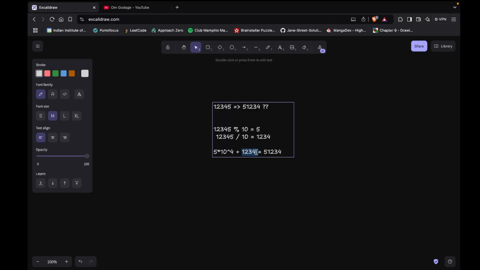So to find this, you can write a while loop at the start. So let's say your number is num. Okay, instead of a while loop I'll use a for loop. For int k equals num; k greater than 0; k divided by equals 10.